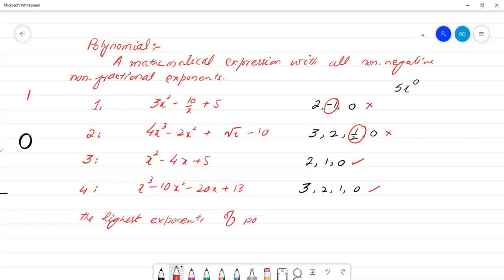In the first two examples, these are not polynomials, so the degree will not exist for the first and second examples. But in the third example, the highest exponent is 2, so its degree will be 2. And in the fourth example, the highest exponent is 3, so its degree will be 3.